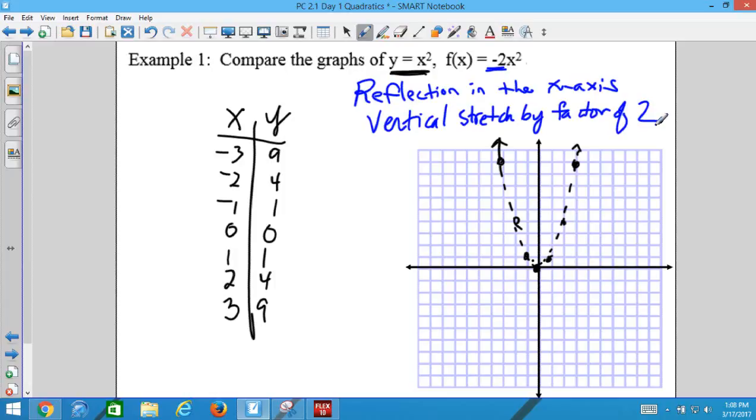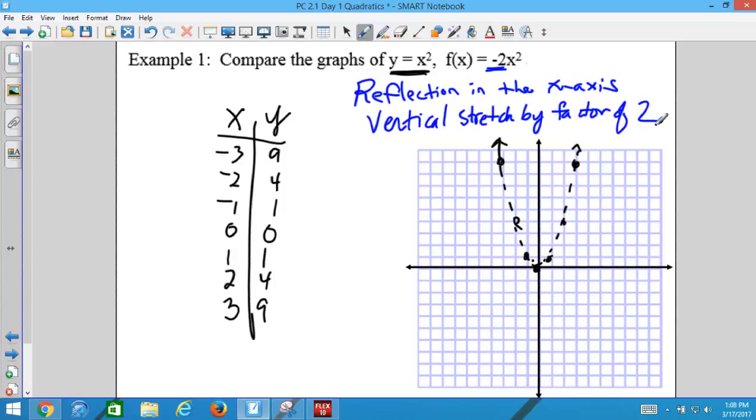So our ordered pairs for our parent function. The reflection in the x-axis, does that affect the x or the y? What's changing if we go from here to here? That's the y.